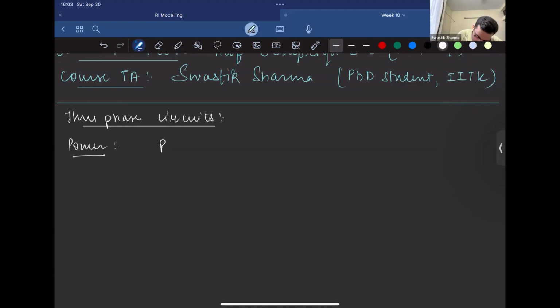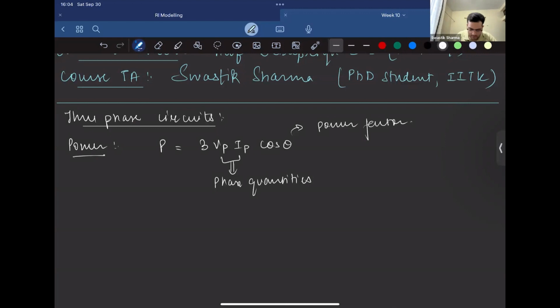So power in terms of phase for a three-phase circuit is given by Vp Ip cos theta, where of course the P subscript denotes that these are phase quantities, right? And cos theta is our power factor. This is active power, given in watts, right?